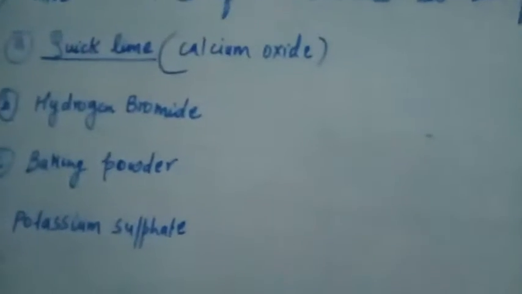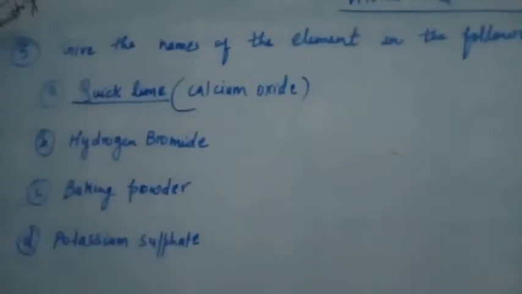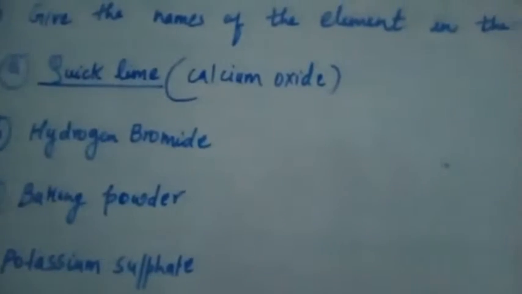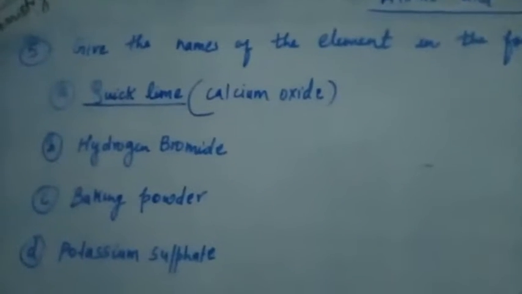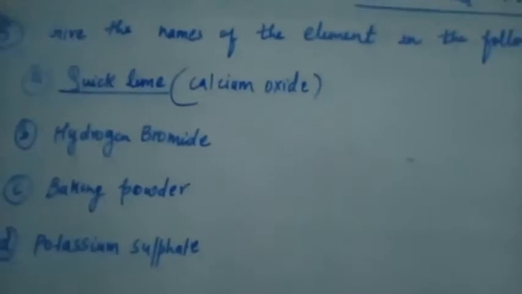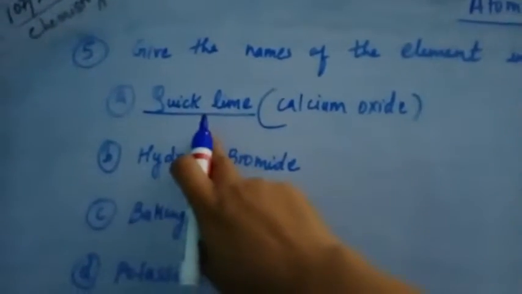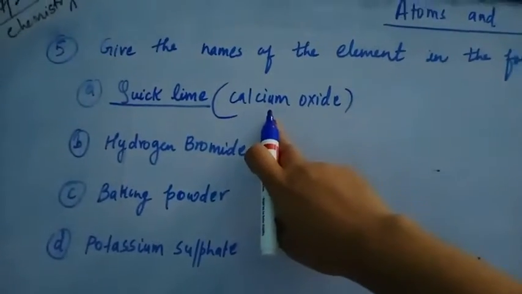When we get the chemical name, or we can say the IUPAC name, of any compound, then we can easily predict the elements present in it. Now you know that quicklime is the common name of calcium oxide.